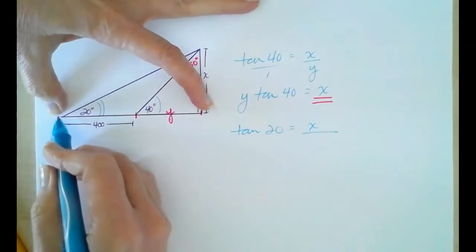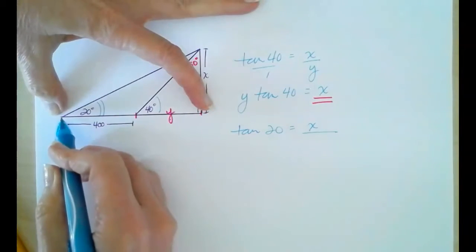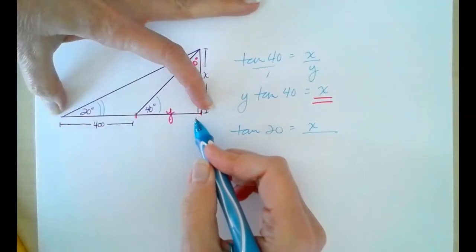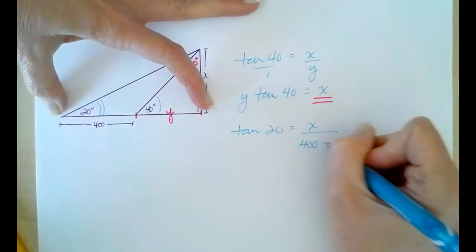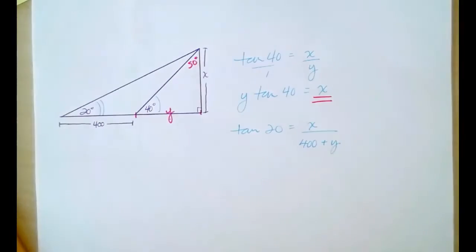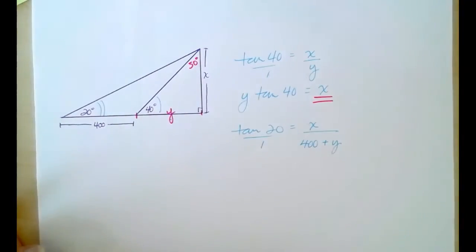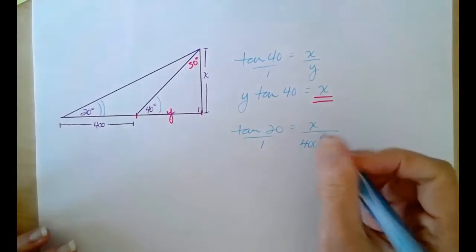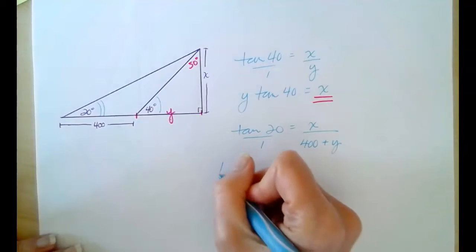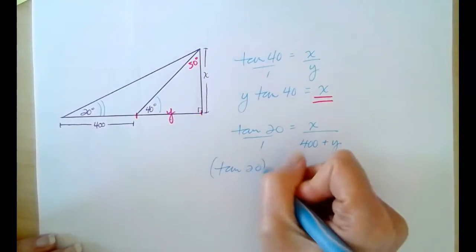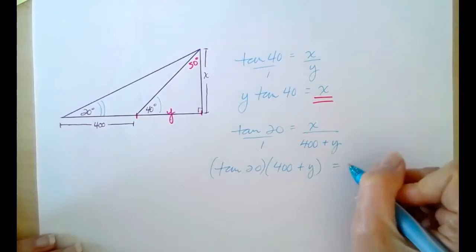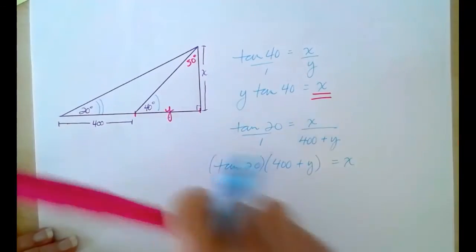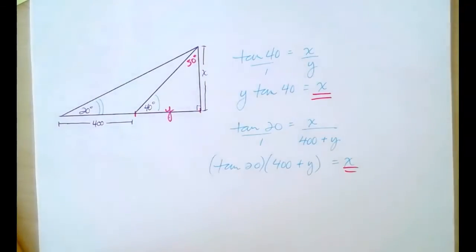This time, the adjacent side is the entirety, the sum of those two segments, which is 400 plus y. Once again, we can cross multiply and we can solve for x. So x equals the tangent of 20 times 400 plus y. So again, we have a value for x.